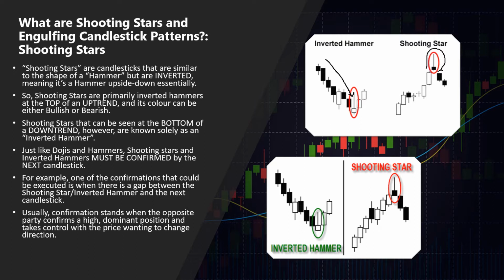Most probably the market will change from an uptrend to a downtrend. But you have to wait for a confirmation candlestick, which is this one here. When you see this candlestick after the shooting star, then you take a shot or enter the trade to go down, to sell.